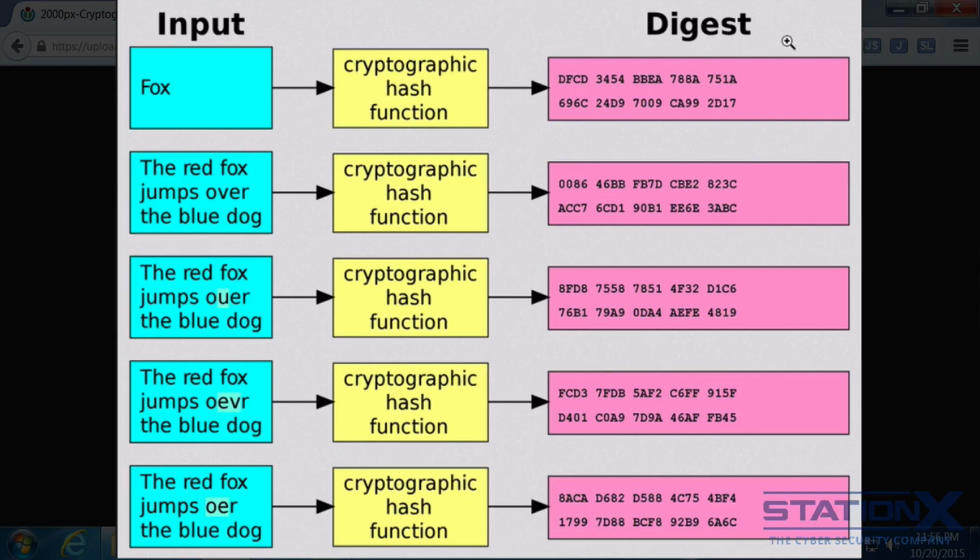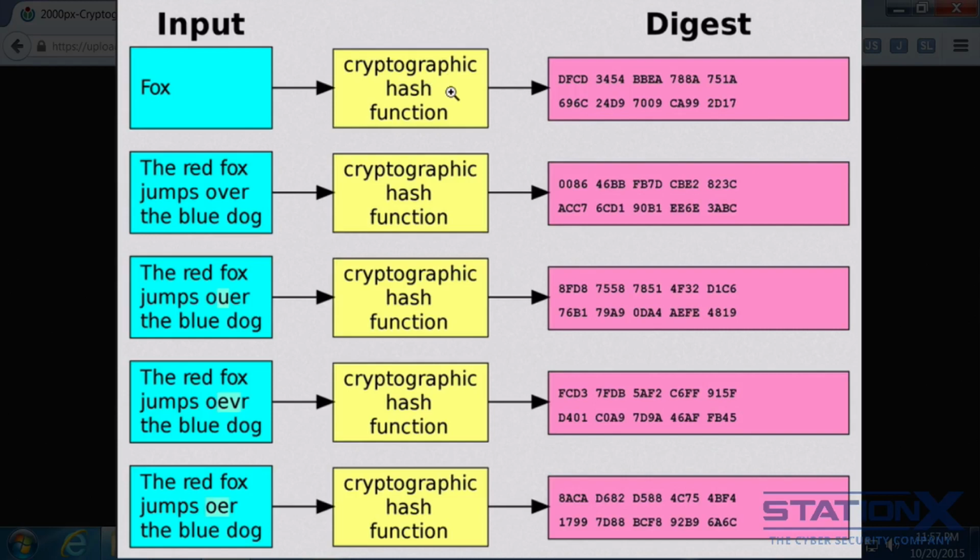Now, a very important feature of the hash function is that you can never convert back from this to the original input. This is a one-way hash function, and no keys are required for this. You just require input, the hash function, and then you get the resulting output, which is always of a fixed length depending on the type of function that you're using.